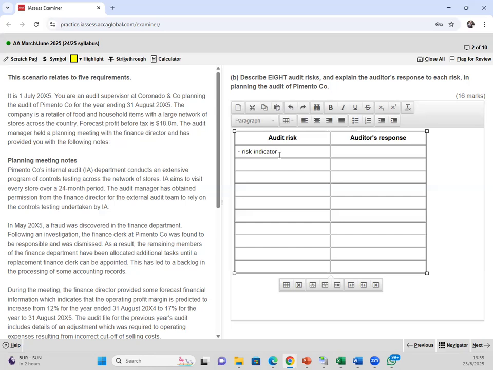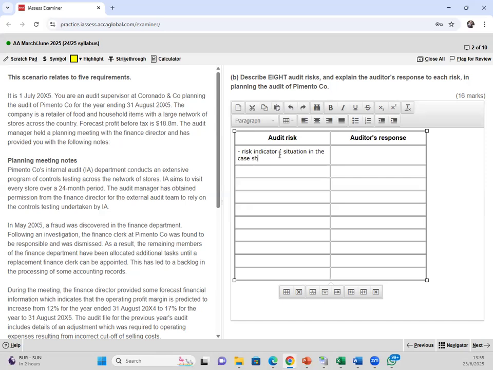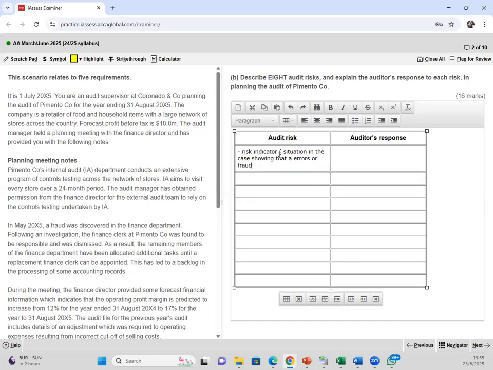What is the risk indicator? It's a situation given in the case that is showing that a risk might be taking place. So the risk indicator is the situation in the case showing that errors of fraud might have taken place.